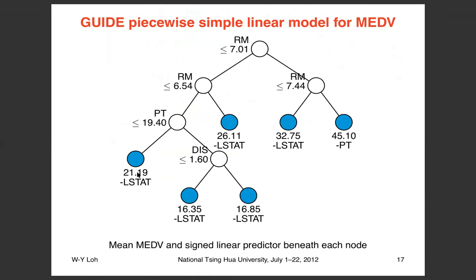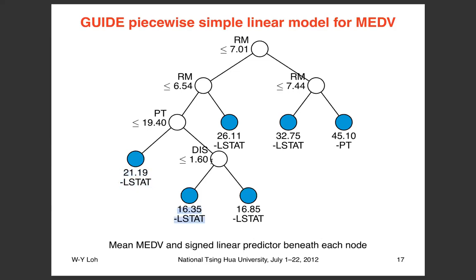Over here, these are the terminal nodes. The terminal nodes show a simple linear regression model. The response is a variable called MEDV, and the predictor is a variable called LSTAT in all these cases. And this is the model.